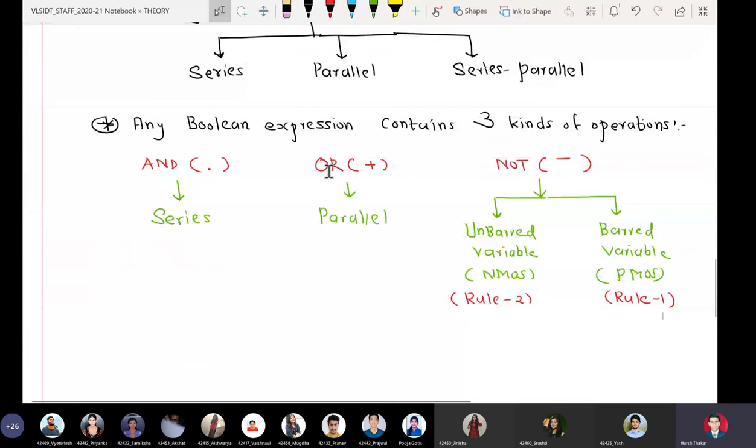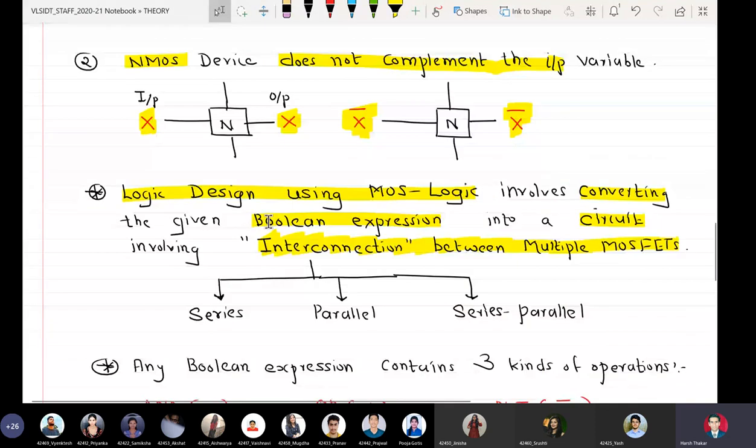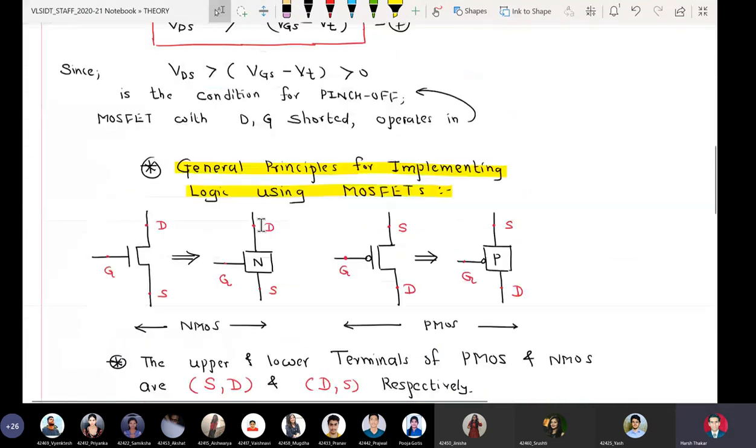A logical ANDing in between means series connection, logical ORing in between means parallel connection, and barred or unbarred variables are decided according to rule number 1 and 2. Fine.